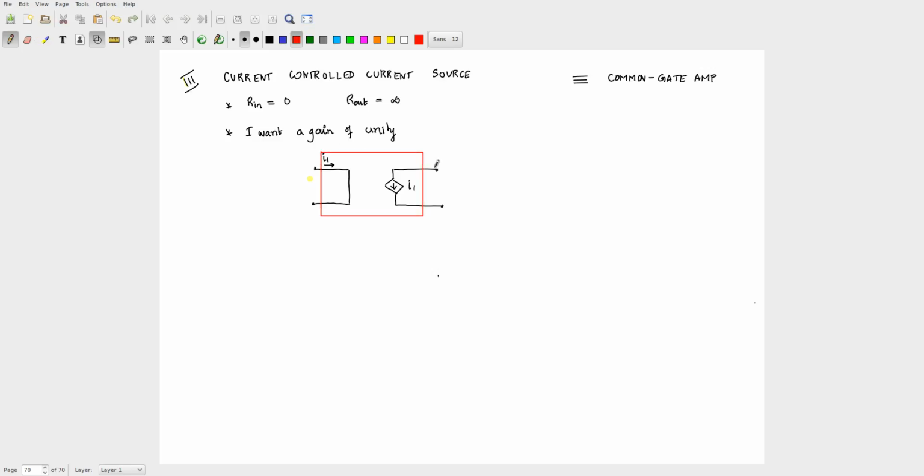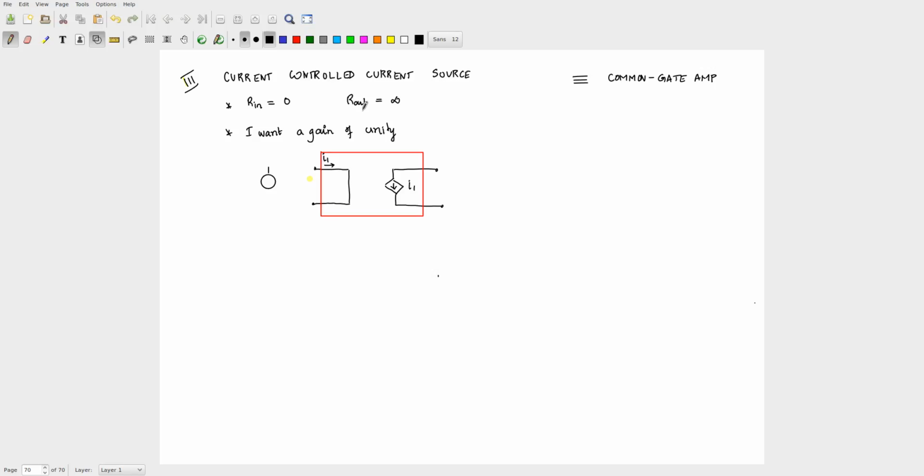So that if I were to excite this, why would you want this kind of a current controlled current source with R in equal to 0 and R out equal to infinity? What would be its use? It will work as a current buffer. How will it work as a current buffer?